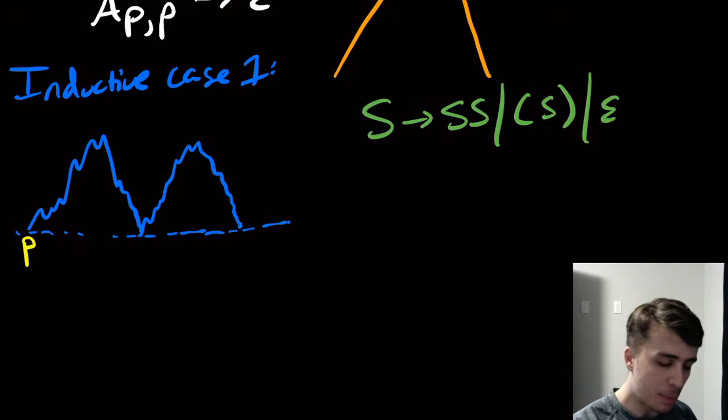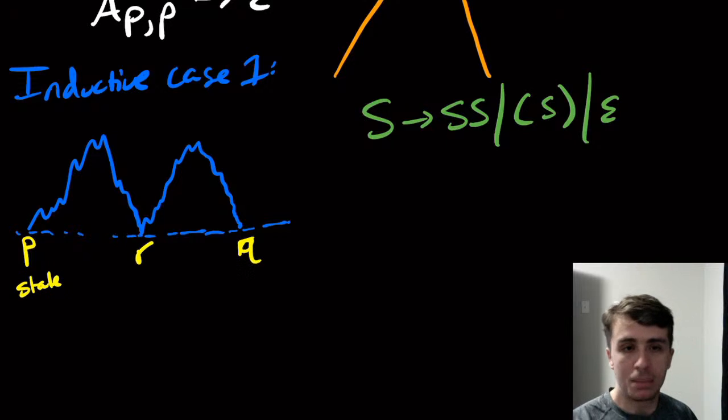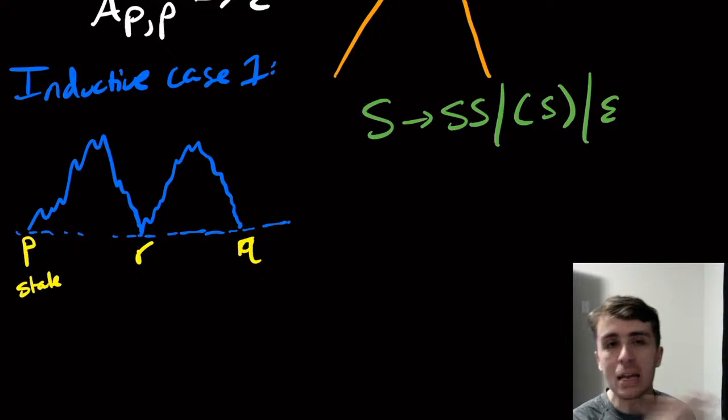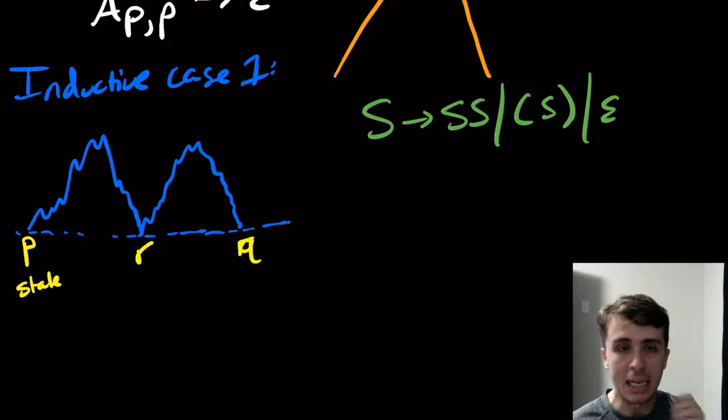So let's say that it's P here, I'm in state P, and then here is state, I'm going to call Q, and some random state in the middle R. So any one of these could be different or the same. They could be totally random states, but they're just three states.